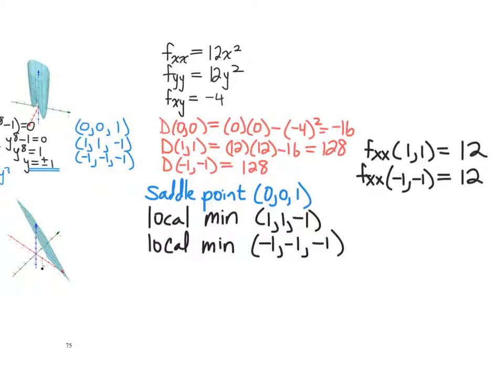But in this case, I'd be more inclined to give it, because once you get, first off, you can see that we have z values of 1 and -1. These two are at the same level, at the same z level. So what's true for one is probably true for the other. It's just a question of whether this 0, 0, 1 was a maximum or a saddle point, all right? So what's happening is, I mean, we can't see up in the nether regions there, but if we could, we would see that this point has values of z that are both higher than it and lower than it, all right?